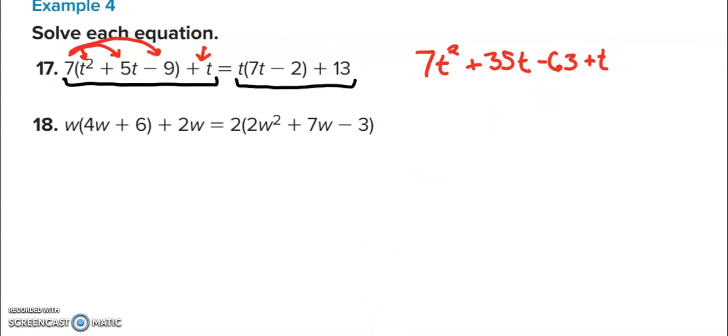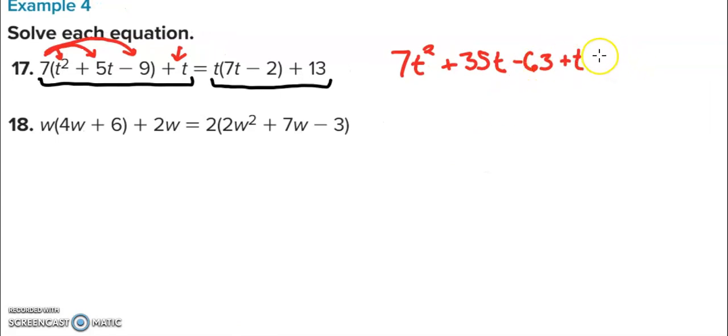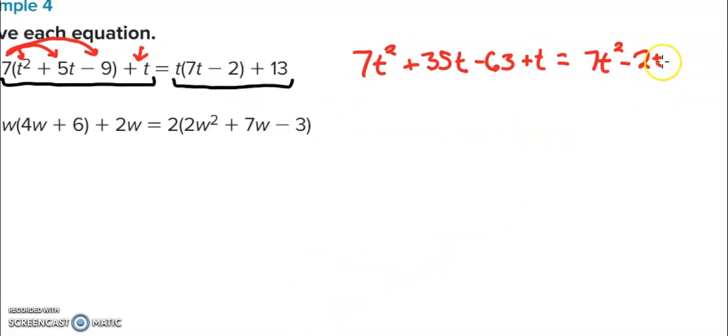And I'm going to get myself a little bit more room to write here. Equals, and then t times 7t. So that's 7 times t, which is 7t squared. T times negative 2, negative 2t. Plus 13. Okay, so now we've got a big equation.